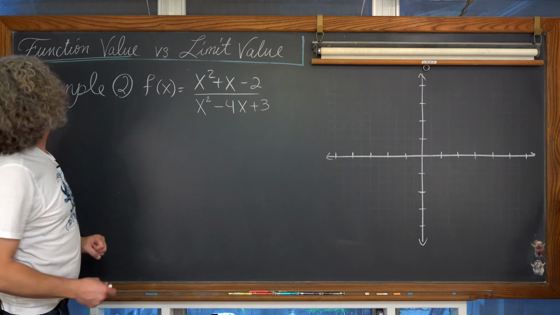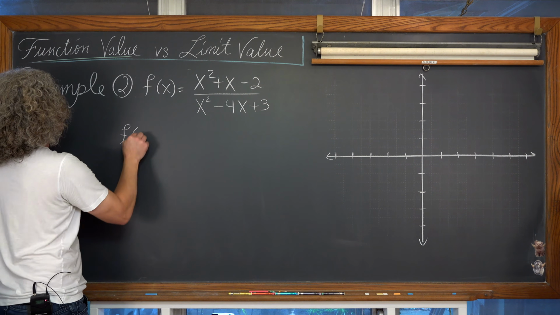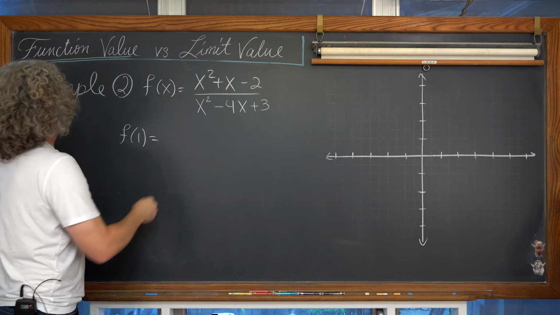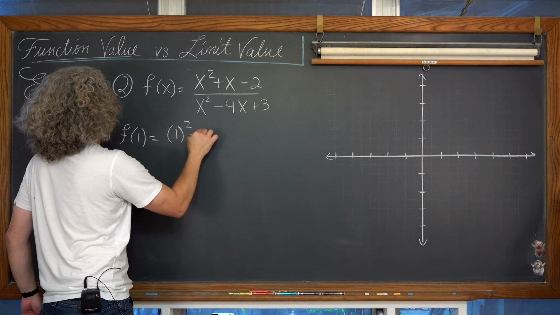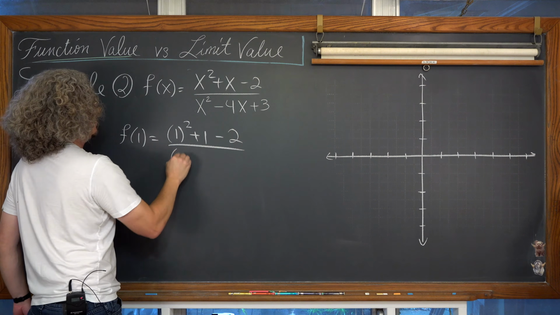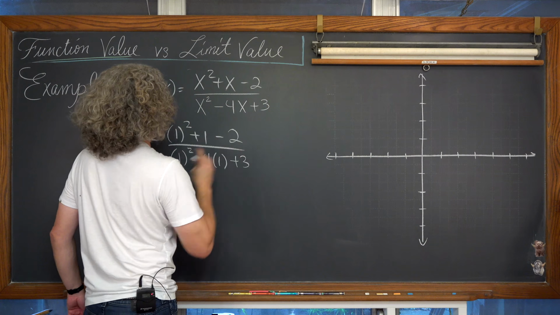So what we have here is I would like to figure out what is f of 1. If we look at that, we're going to have 1 squared plus 1 minus 2 over 1 squared minus 4 times 1 plus 3.